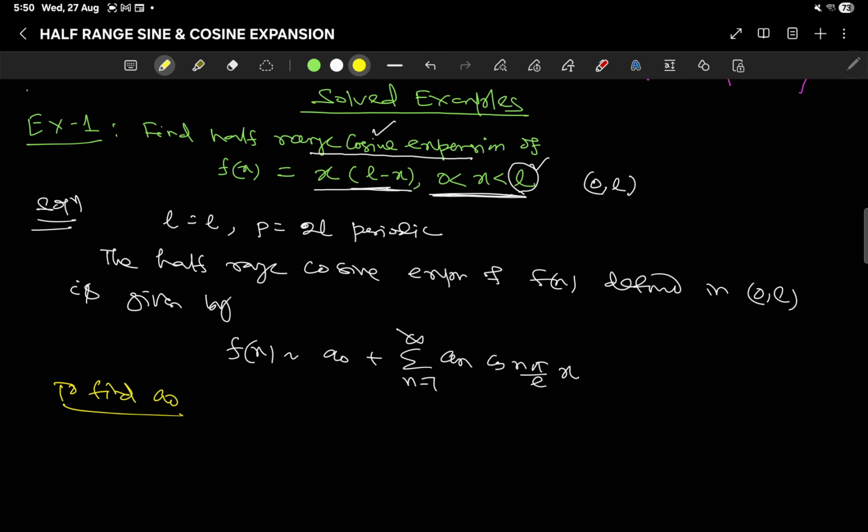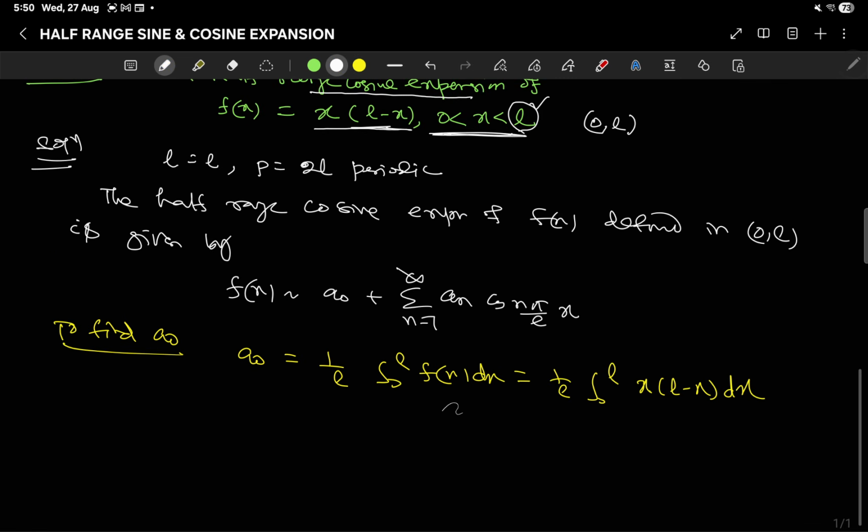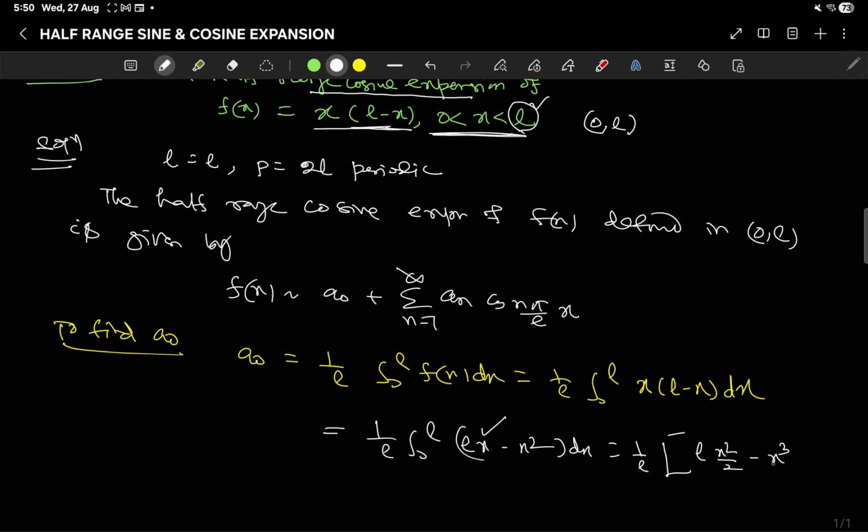your a0 is equal to 1 by L integral 0 to L f(x) dx, which is 1 by L integral 0 to L x into (L minus x) dx. So if you integrate it, it will be 1 by L integral 0 to L (Lx minus x square) dx, equal to 1 by L times [L x square by 2 minus x cube by 3] from 0 to L. Here 0 will not contribute.